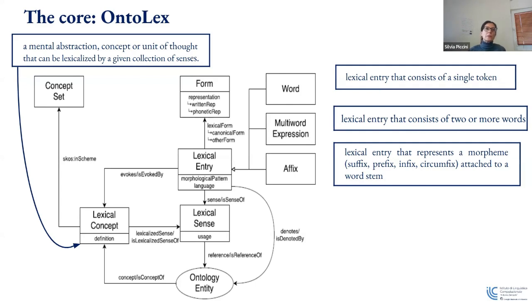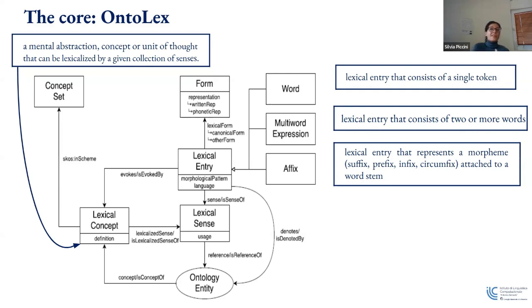If you also want to specify that a lexical entry evokes some lexical concept, if I'm not very sure what lexical concept is, it's a really big question. But if you had this necessity to encode this kind of information, you have this class, lexical concept, that is a kind of oxymoron, because lexical is something that pertains to the linguistic dimension.